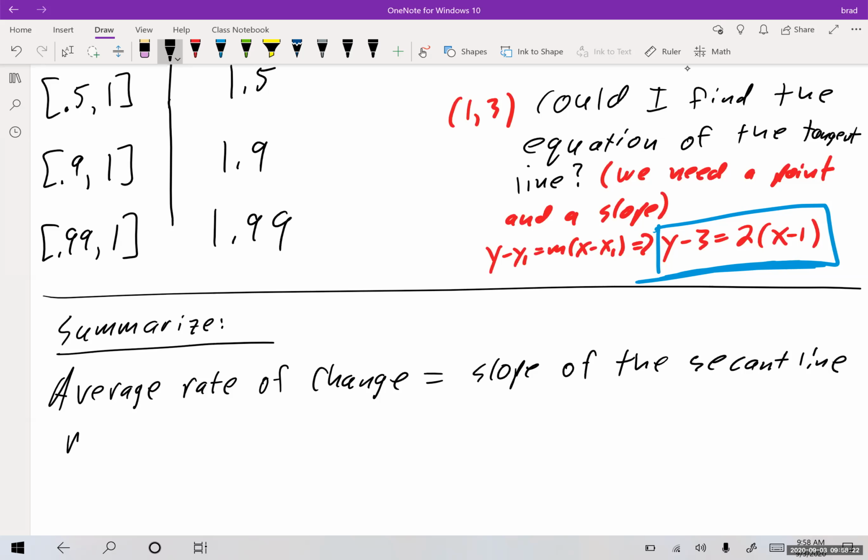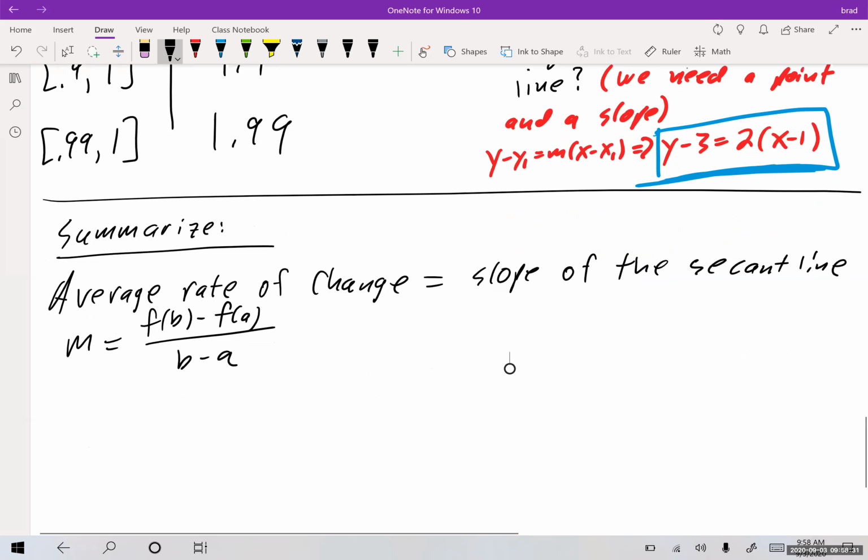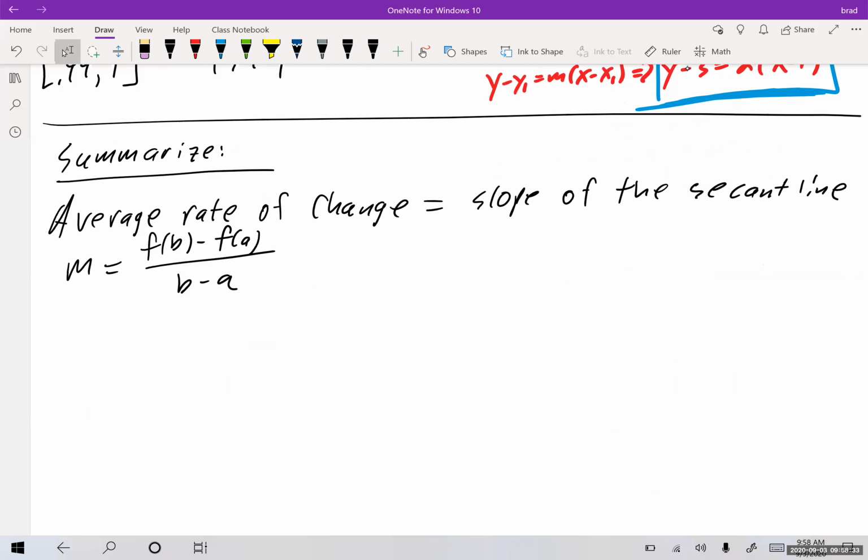And we know that this formula, m equals f of b minus f of a all over b minus a, is equivalent to our old school formula for slope. And this is how we can find the slope of the secant line.